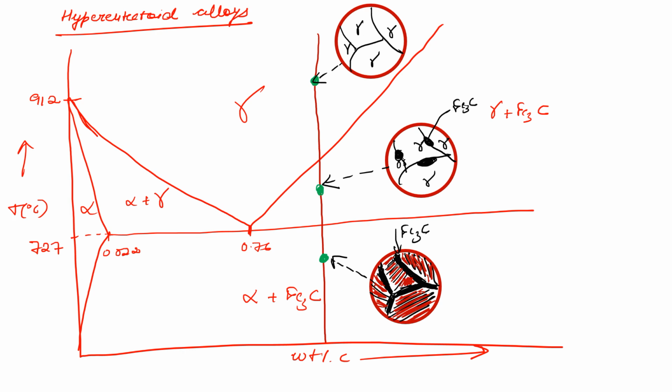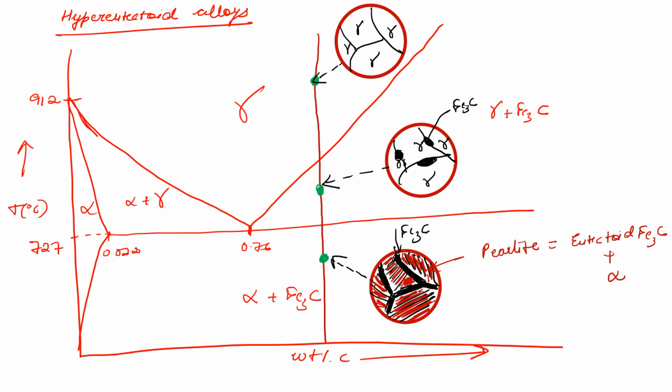So this here is perlite phase. Okay, and this perlite consists of eutectoid Fe3C plus alpha phase that is present just below the eutectoid point.